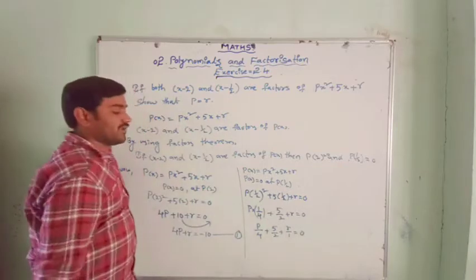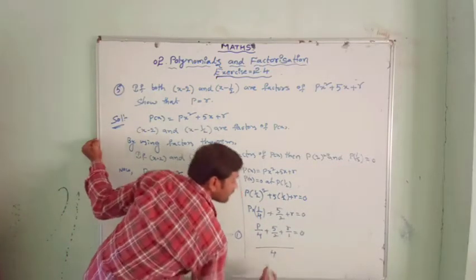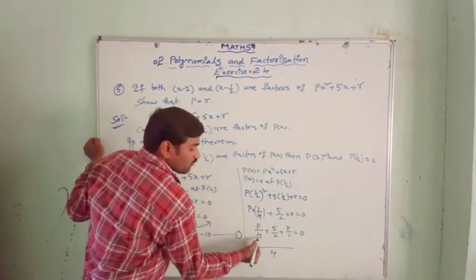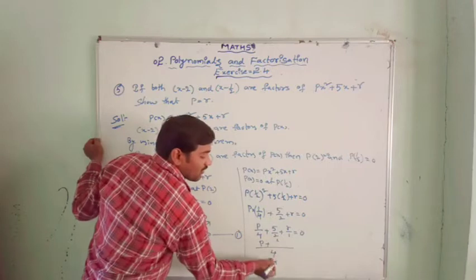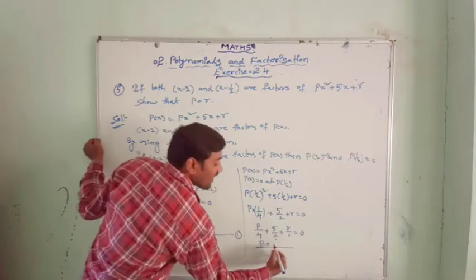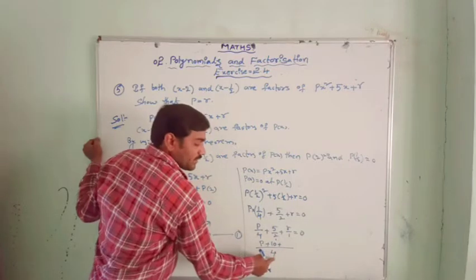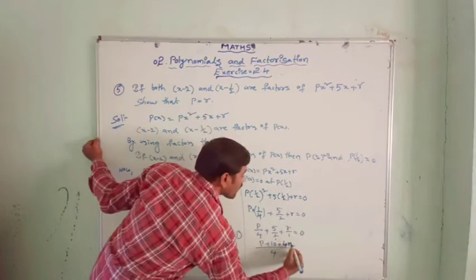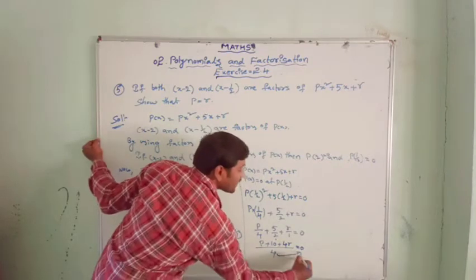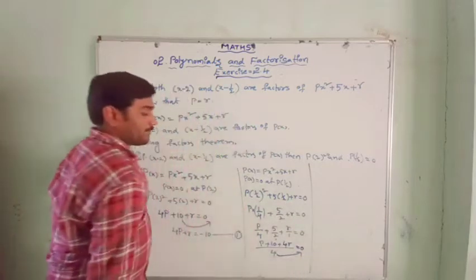Let me take the LCM of this, which is 4. 4 ones are 4, so it is p plus 2 fives are 10, plus 4r, equal to 0. And this 4 is dividing, so we will transfer it to the other side so that it will be multiplied.